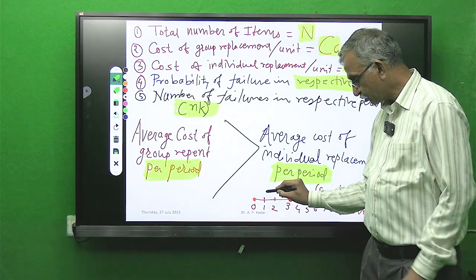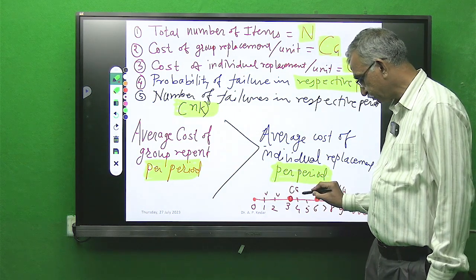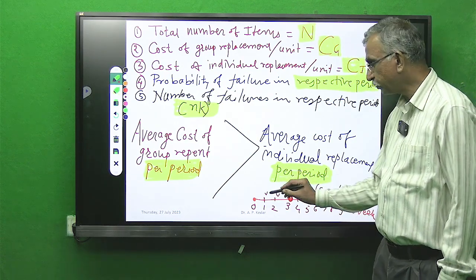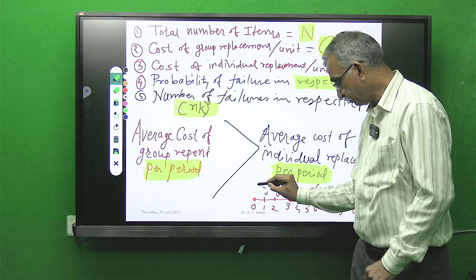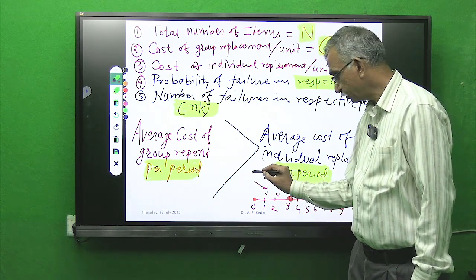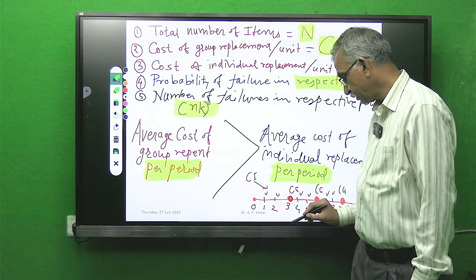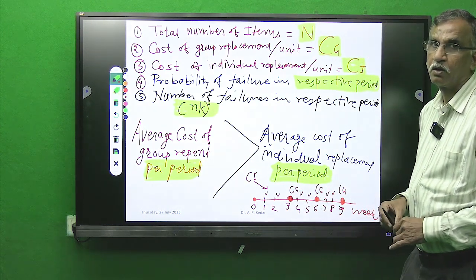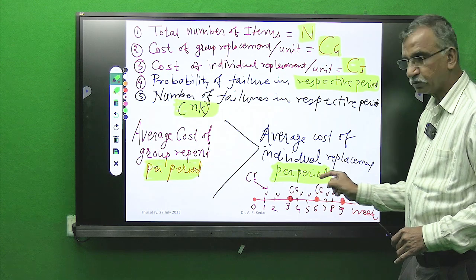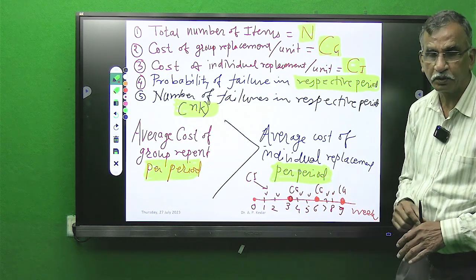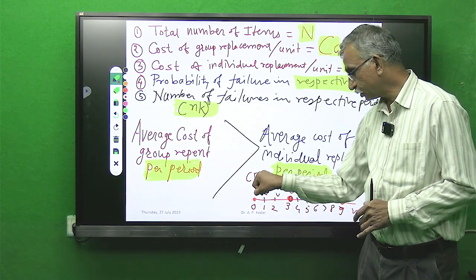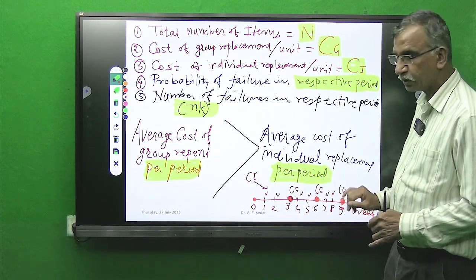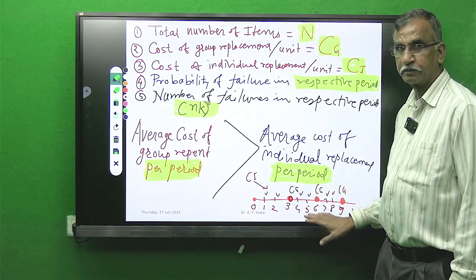In between, suppose these are the failures. For these failures, your cost will be CI. For all failures, barring the group replacement quantity, the cost involved will be CI. This is called group replacement.